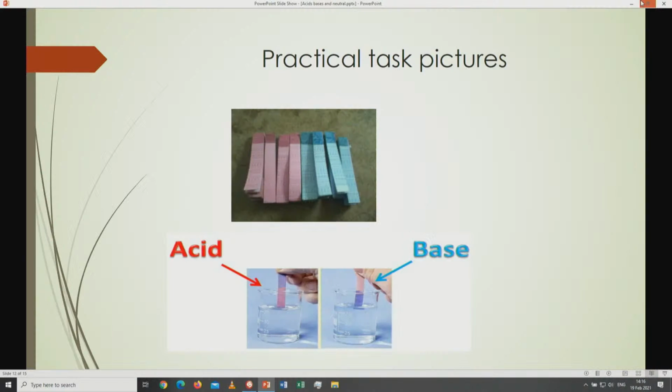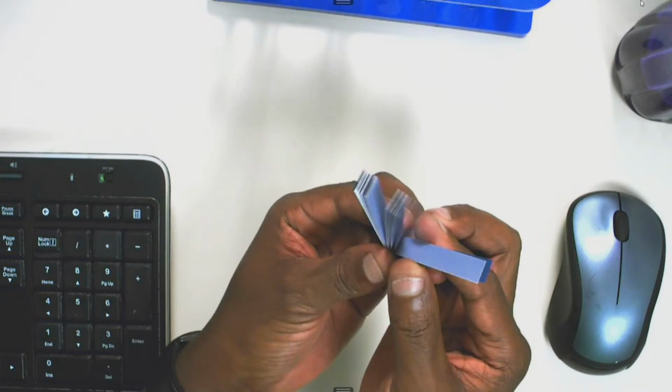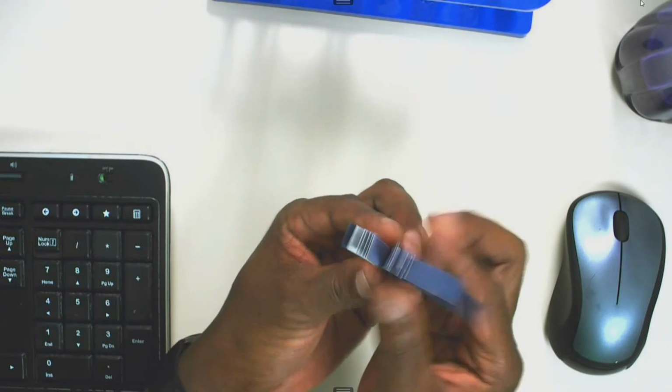Correct. And then on the right-hand side, we are having a blue litmus paper. I'm talking about this one. Here is a blue litmus paper.